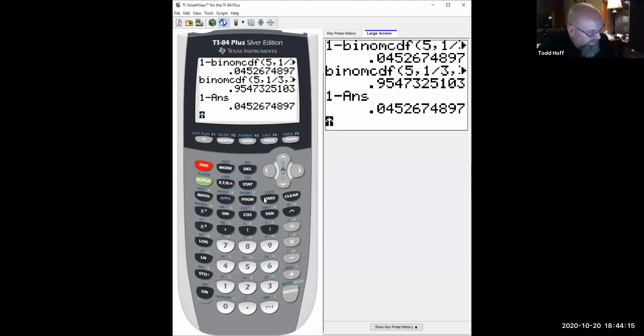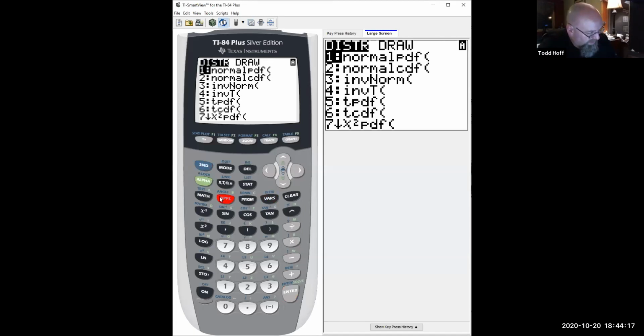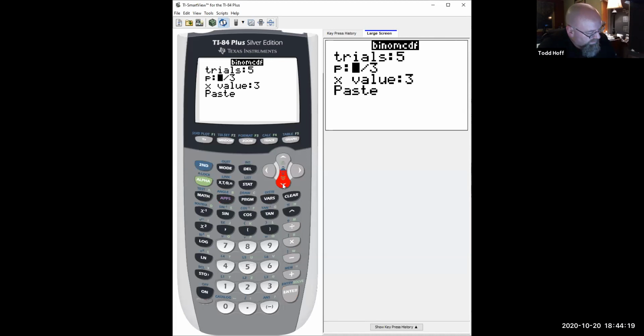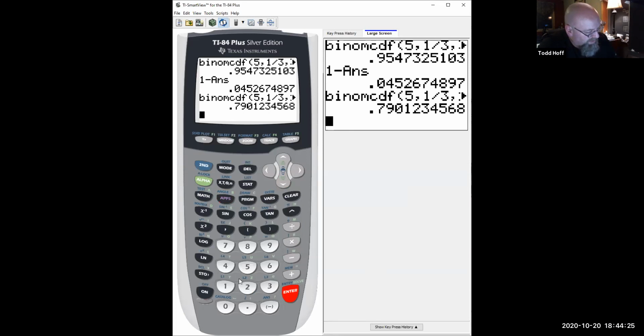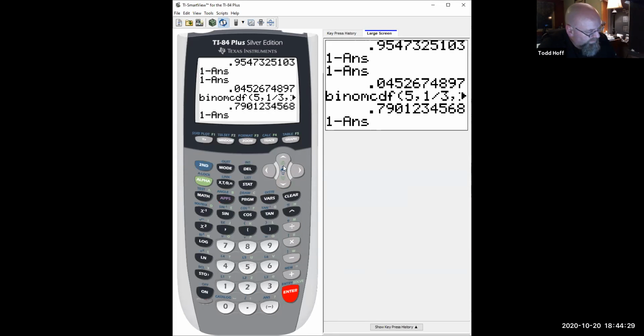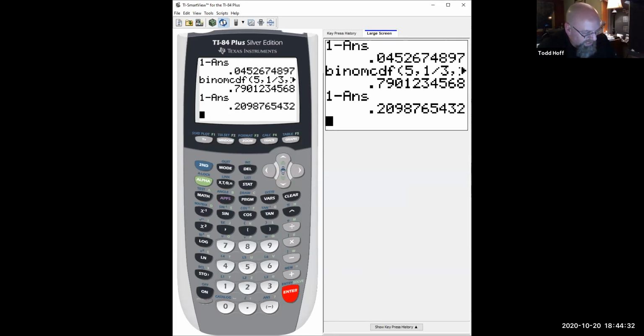So go to my calculator. Second distribution, binomial CDF. Change this to a 2. Now you'll notice I forgot to do the 1 minus. So this is just going to be that number that we're used to. So we're going to do 1 minus second answer, 0.2099.